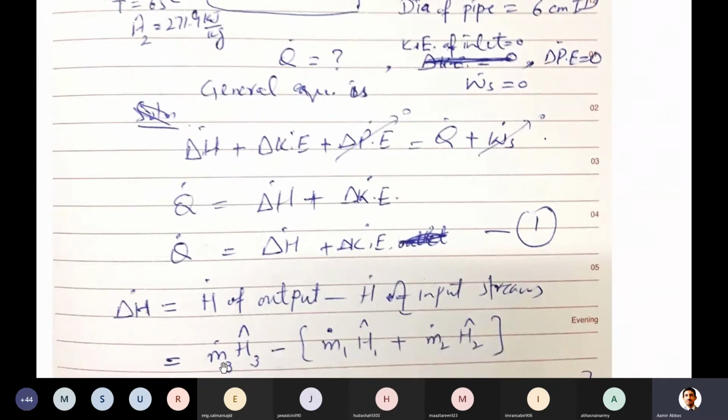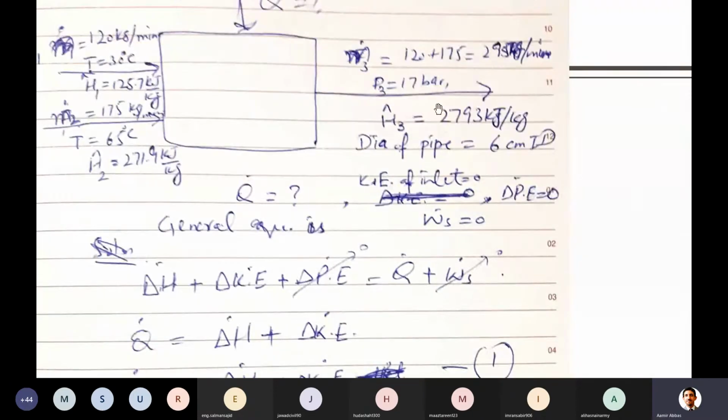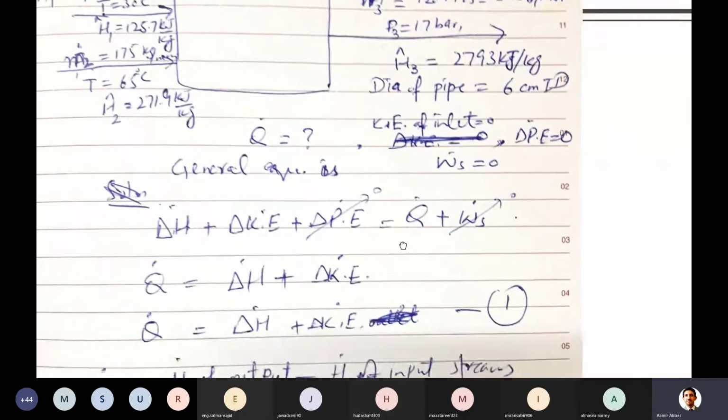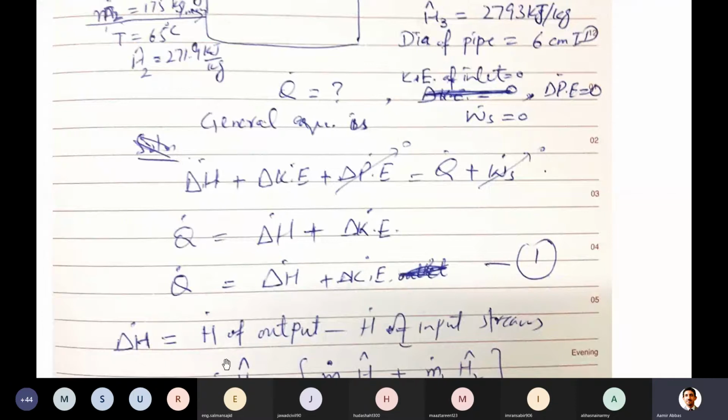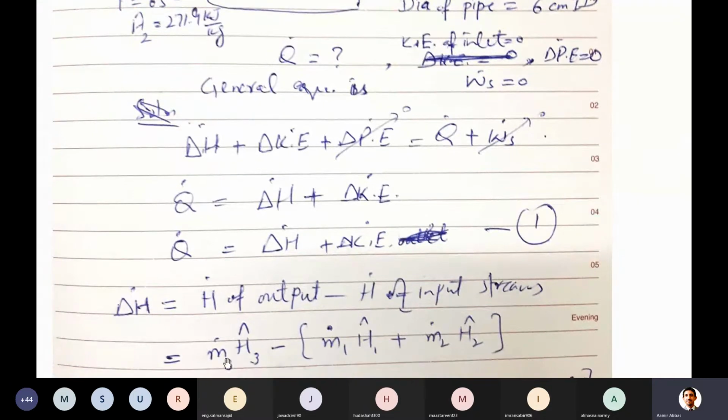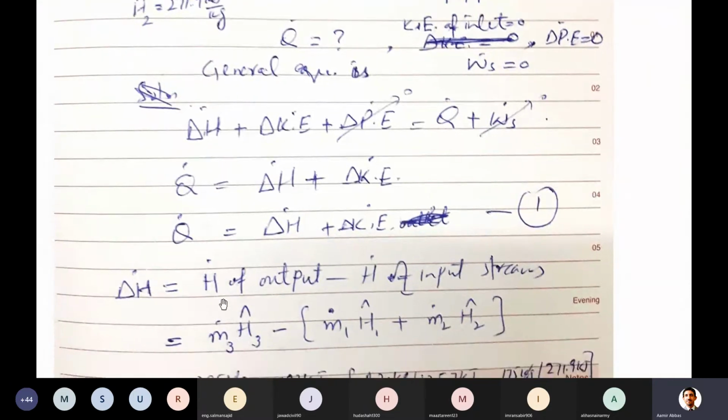So I can write it in the form of mass, because the specific enthalpy is given in the question as well as the mass flow rate. So you can convert this from enthalpy to specific enthalpy. This equation can be modified because you don't have H dot here. How can you find H dot?